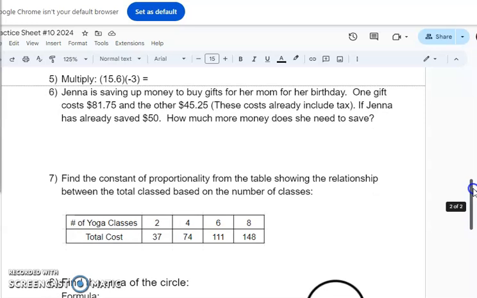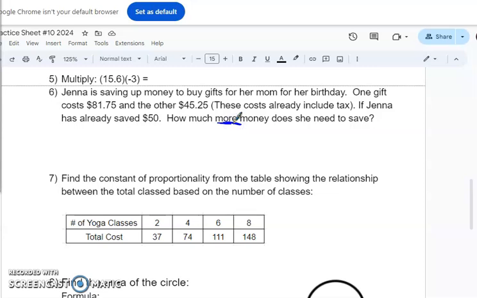Number 6 says, Jenna is saving up money to buy gifts for her mom for her birthday. One gift costs $81.75 and the other $45.25. These costs already include the tax, so these already have the tax within them. If Jenna has already saved $50, how much more does she need?